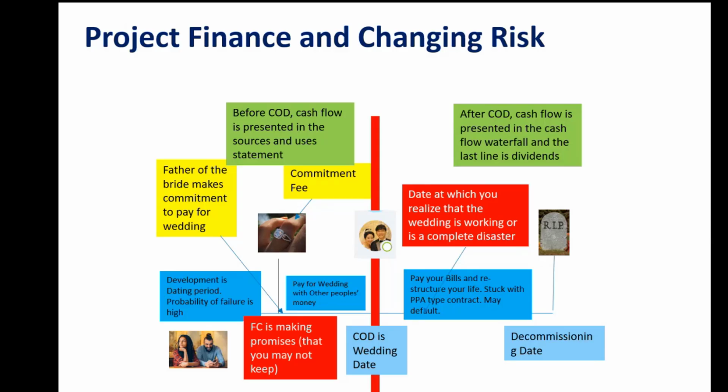Your risk starts getting lower, because maybe you make a commitment, like a commitment fee. That's our engagement ring. And once people have signed contracts, that's all project finance is. Somebody else is willing to co-finance with you and take risks. That's like your parents putting money in and all that.